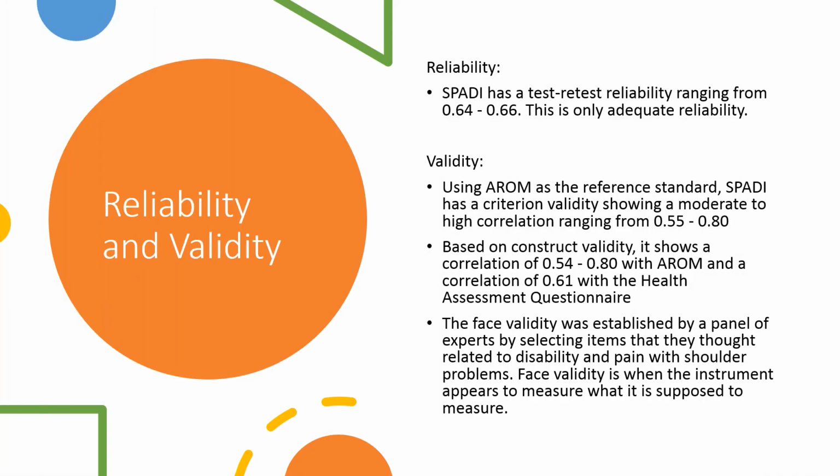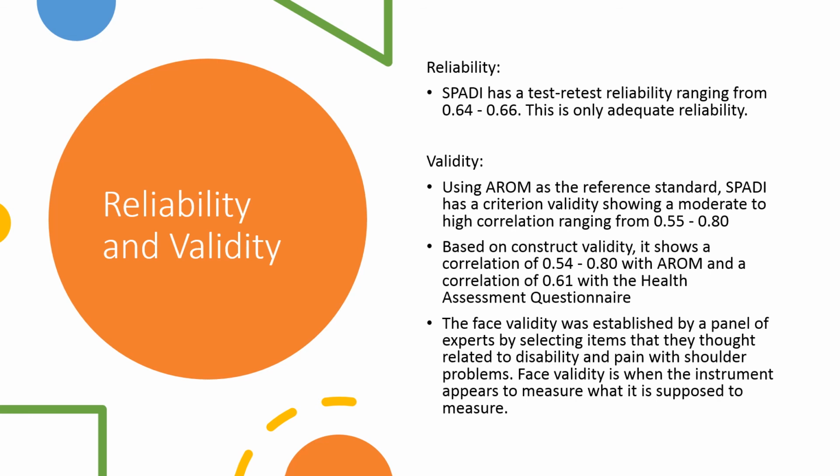So now I'll discuss some reliability and validity values that we found in the references that we use. When it came to test retest reliability, so that's the ability of this outcome measure to find a similar score in different repeated trials, it showed a test retest reliability between 0.64 and 0.66, which is only considered an adequate reliability for test retest.